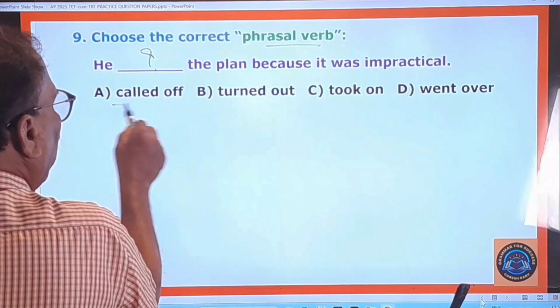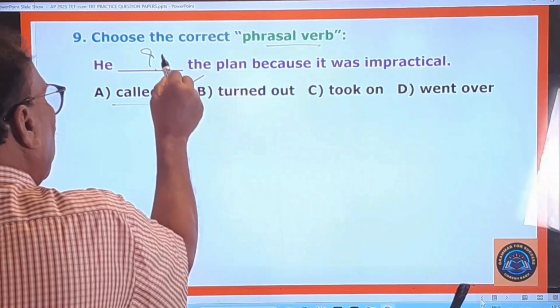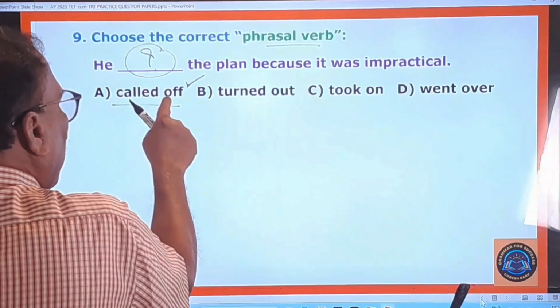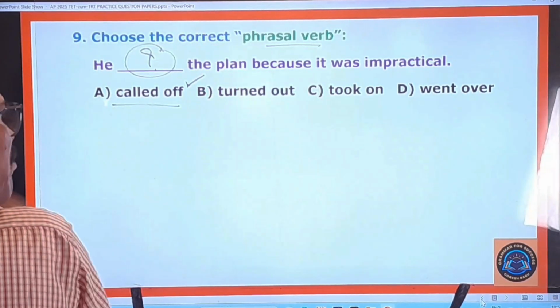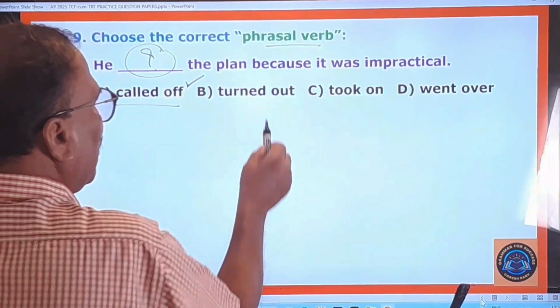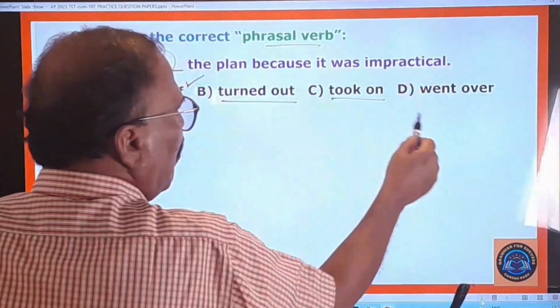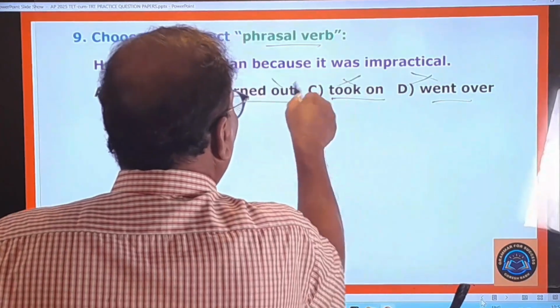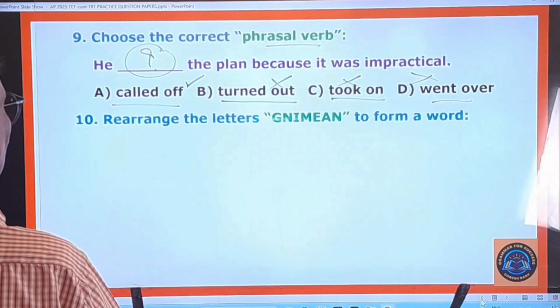See here, the very first one is the right phrasal verb that can be used in this blank. He called off the plan. Called off means he cancelled the plan because it was impractical. Turned out means proved, no. Took on, no. Went over, no. All these three are wrong. Only the first one is the right one. And you go to the next question.